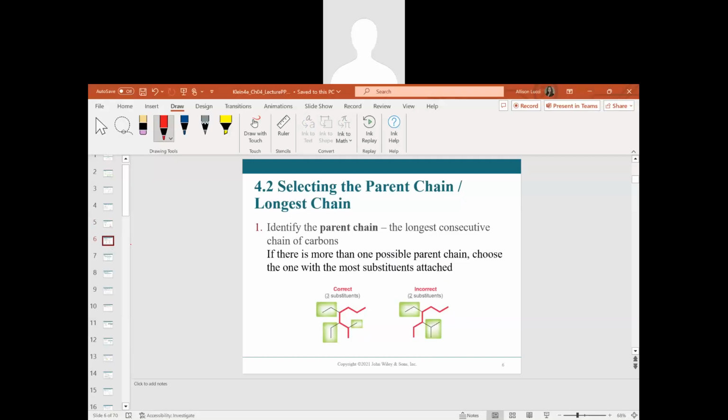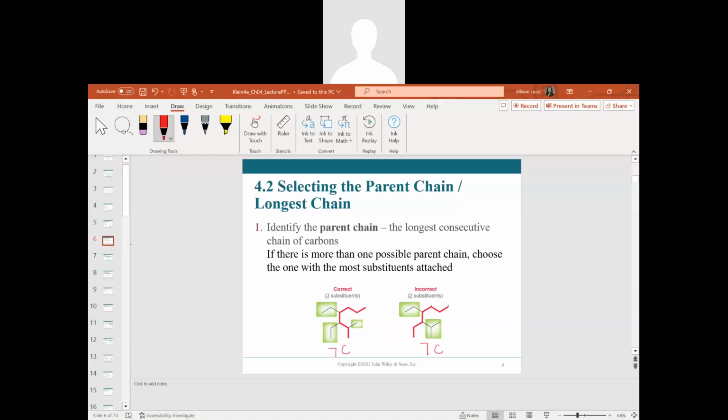If we would have taken a different pathway, we still would have found that this incorrect structure over here has 9 carbons in its longest chain. Or actually, hold on, let's see. For this one, we have 1, 2, 3, 4, 5, 6, 7. So both of these have 7 carbons, rather. It's a different molecule in the longest chain.